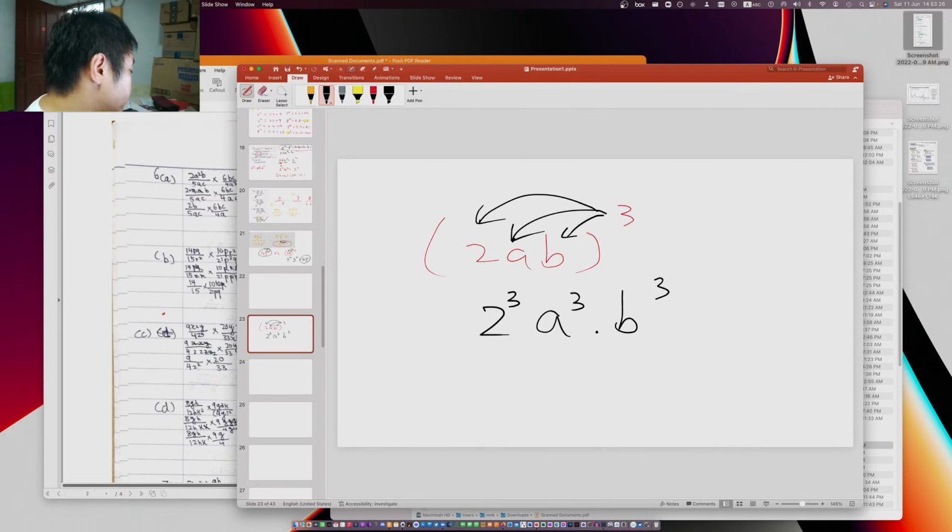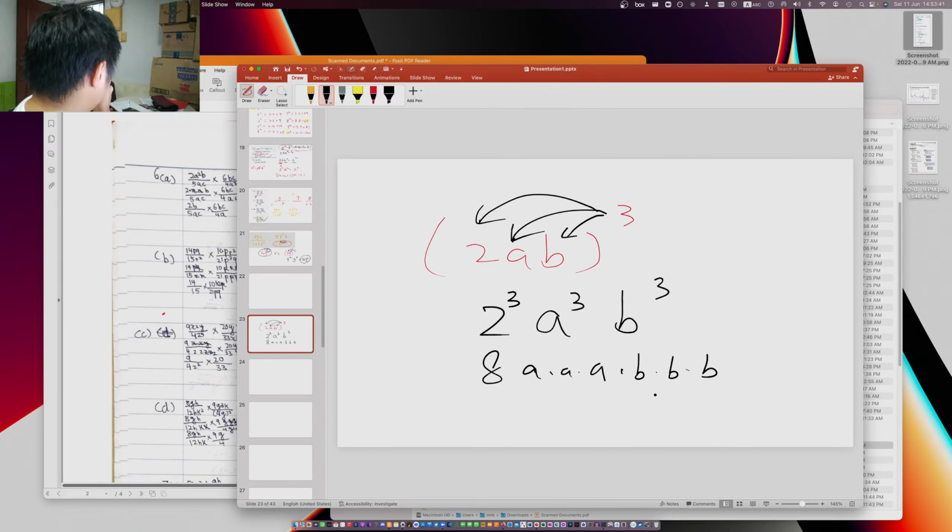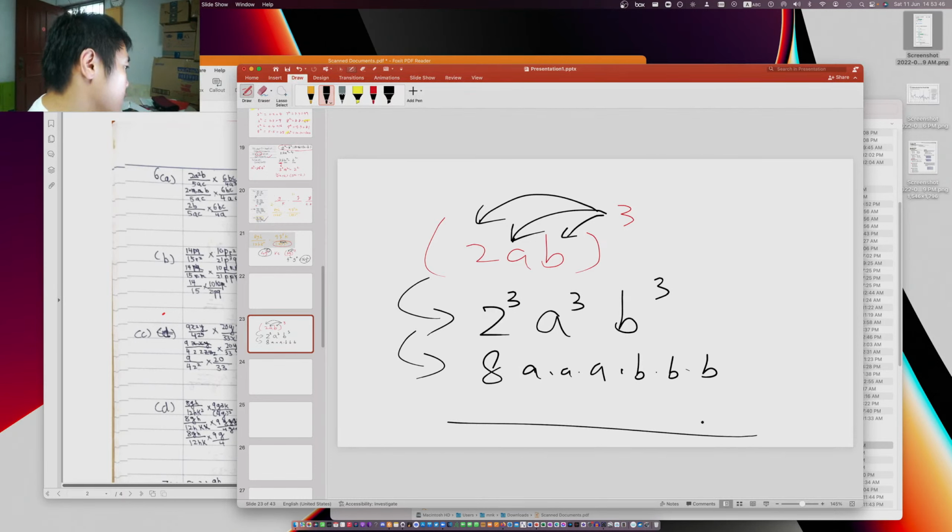If you split this, this one you can use the calculator, which is 8. If you split the 8, a to the power 3, a cubed is a times a times a. b cubed is b times b times b. That's how you split. Are you clear about this transformation? Okay, good.